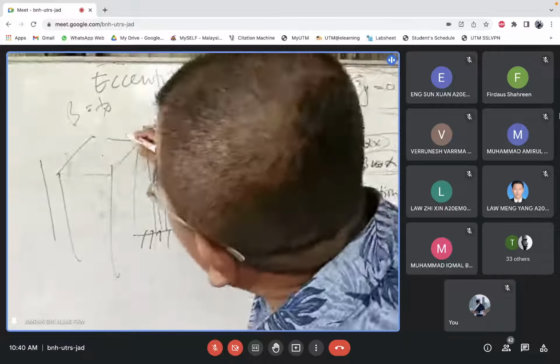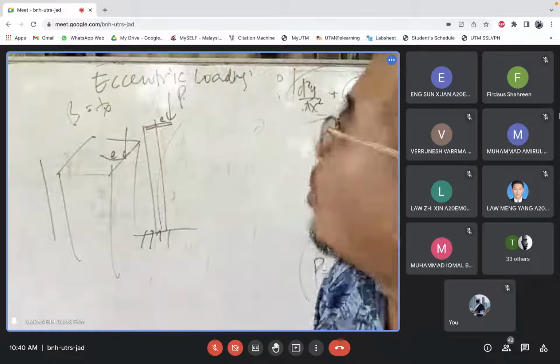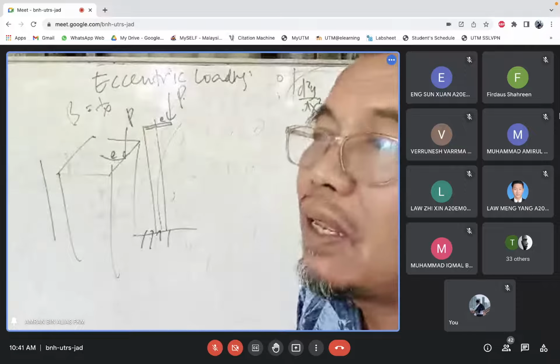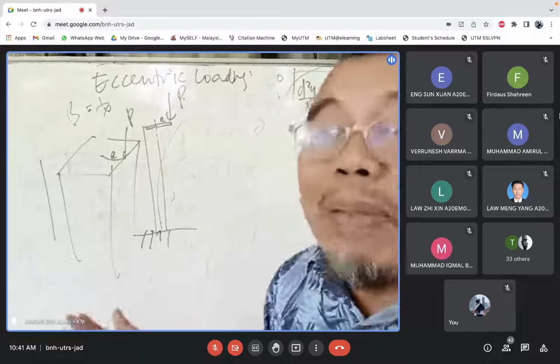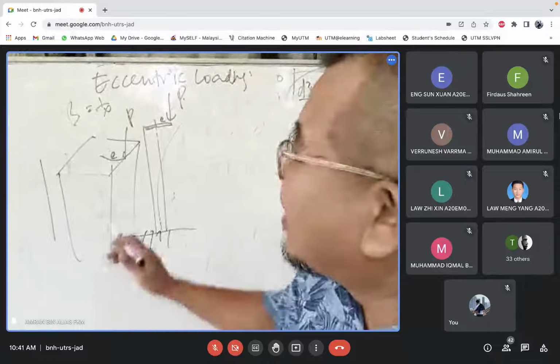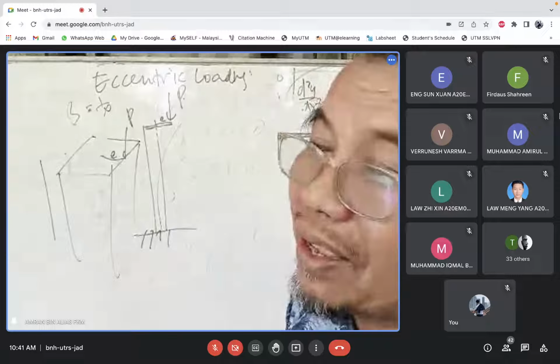The load is, let's say here. You got the distance, right? What happened when this is happening? This one automatically bending, right? Yes. This one is automatically bending. It's not about buckling. Are you with me?